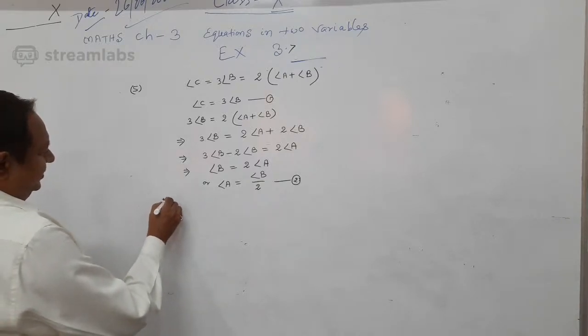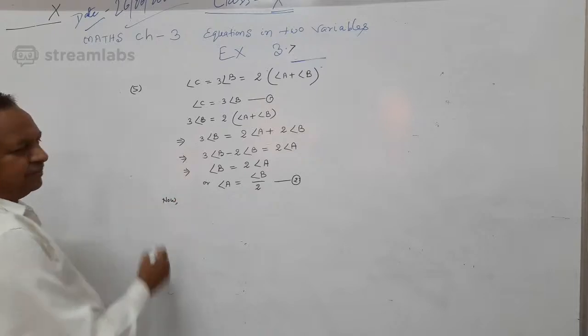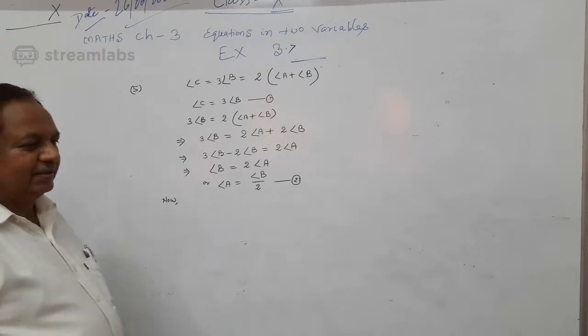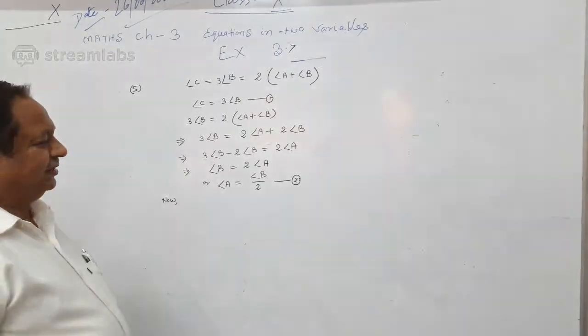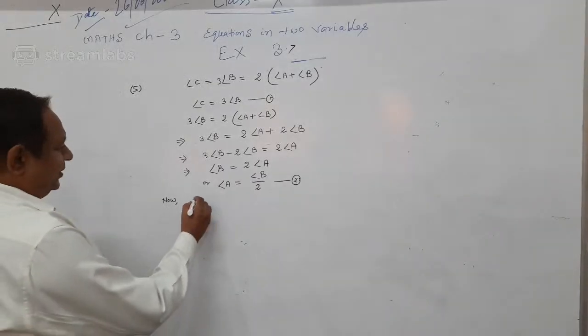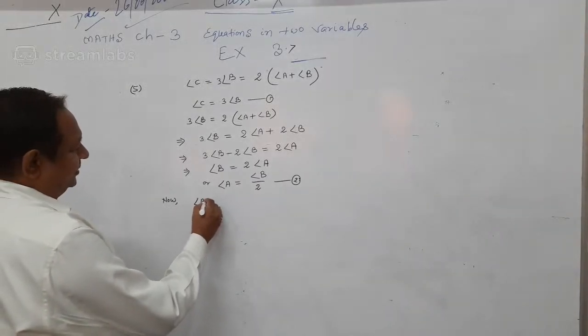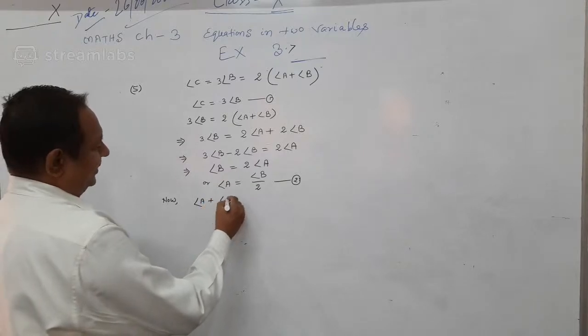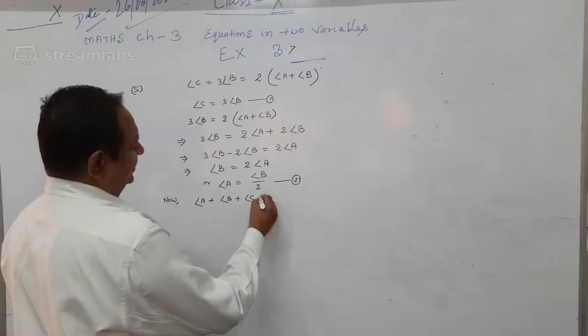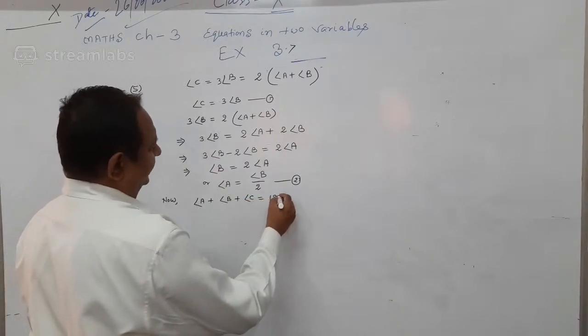Now, remember angle sum property. The sum of 3 interior angles of a triangle is 180 degree. So angle A plus angle B plus angle C is 180 degree.